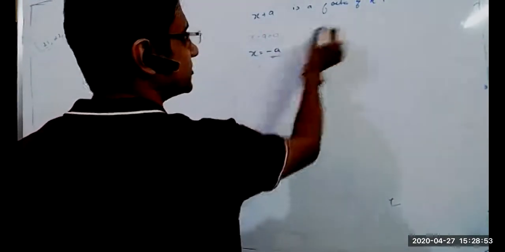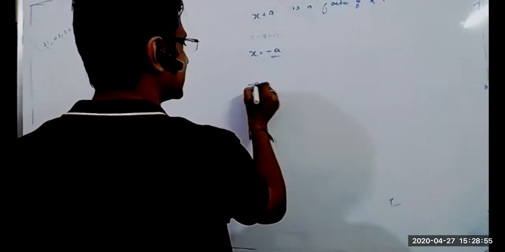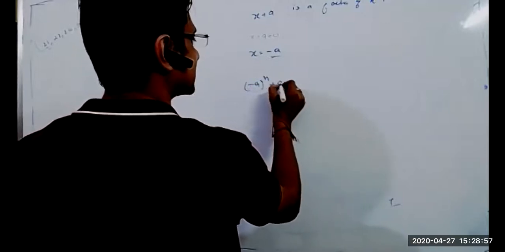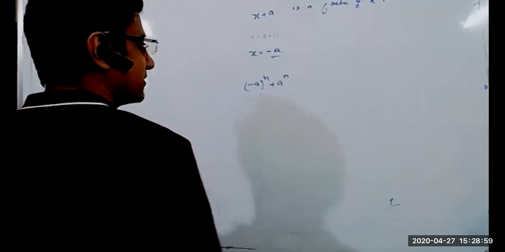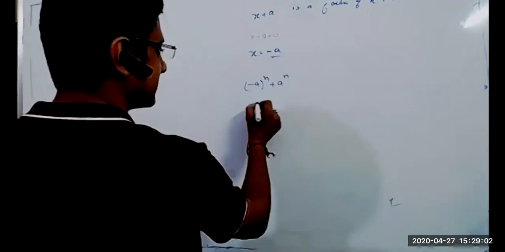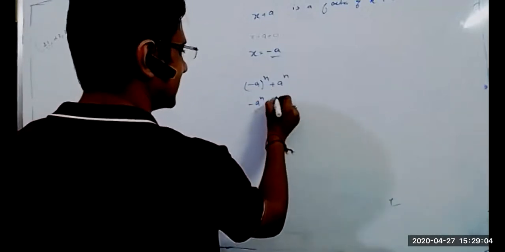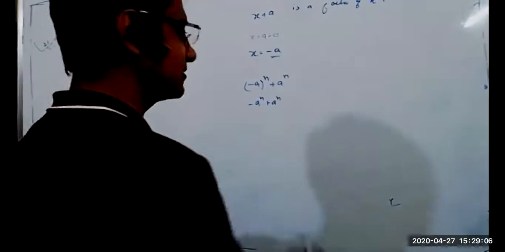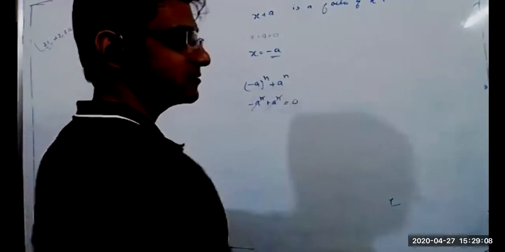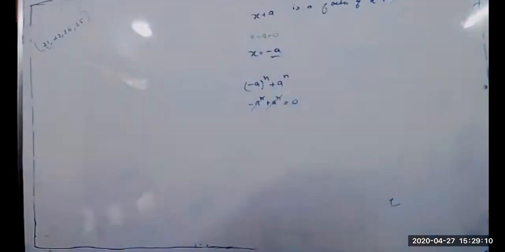Now this minus a you have to replace here. Minus a to the power n plus a^n. So what is this? Minus a^n plus a^n. Can we write like this? Yes, sir. This is gone, 0. Thank you, sir. So since it's 0, it's a factor.